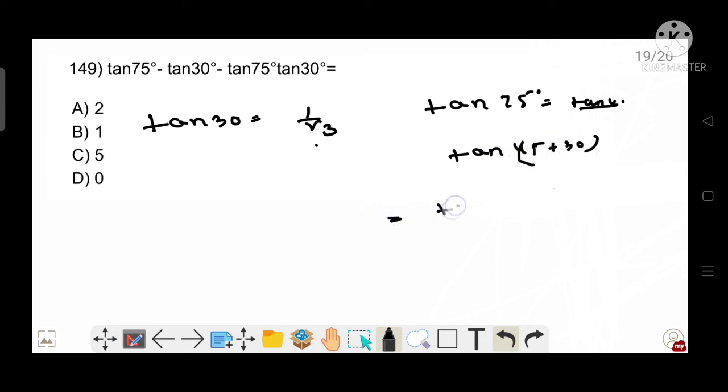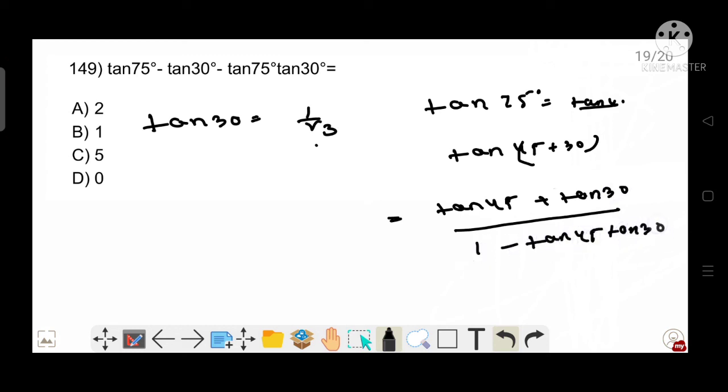This means tan 45 plus tan 30 divided by 1 minus tan 45 into tan 30. Tan 45 should be 1.